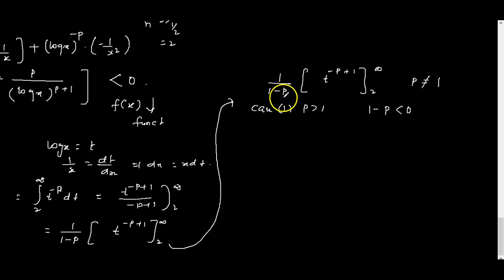Think about 1 minus p if we increase p like 2, 3, 4, 5. This will become a negative value, meaning less than 0. So let's consider this value as equal to k. I can write the integral from 2 to infinity of f of x as t to the power of minus k by minus k.